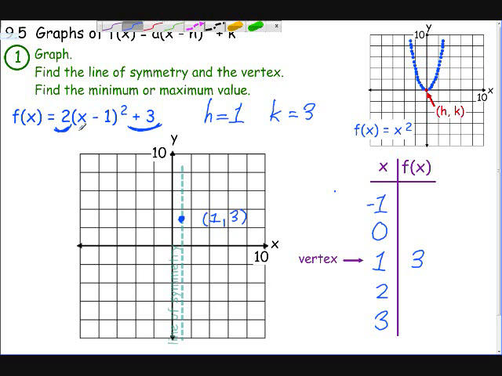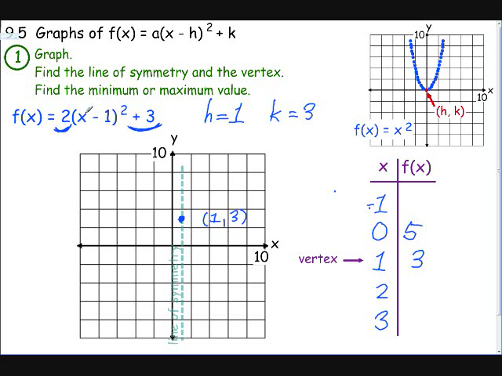So I've got 2 times +1, which is 2, plus 3. 5.